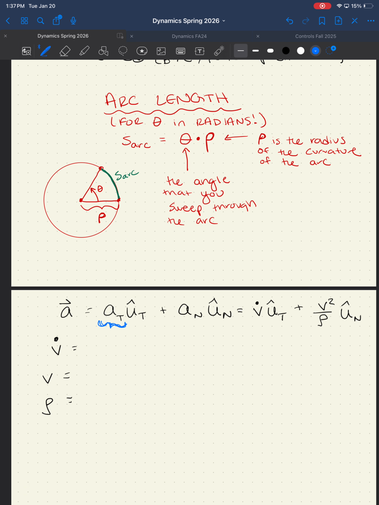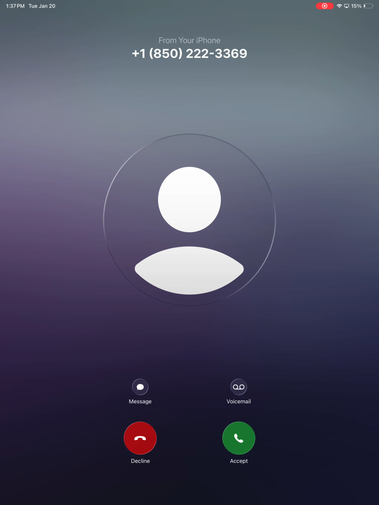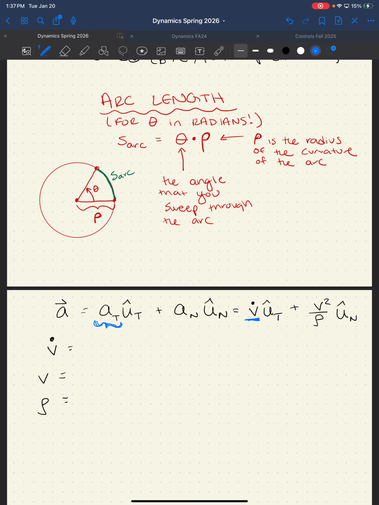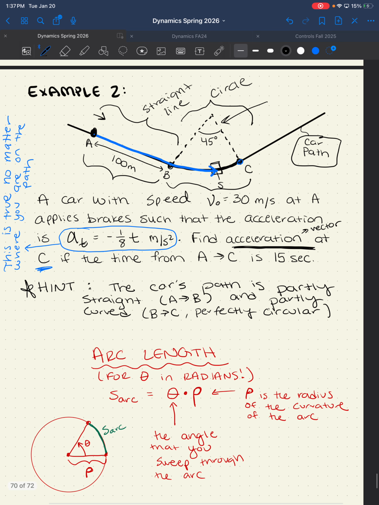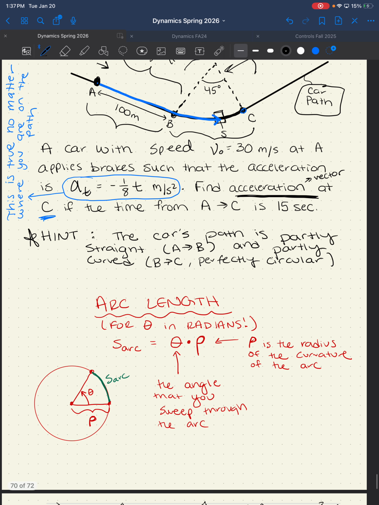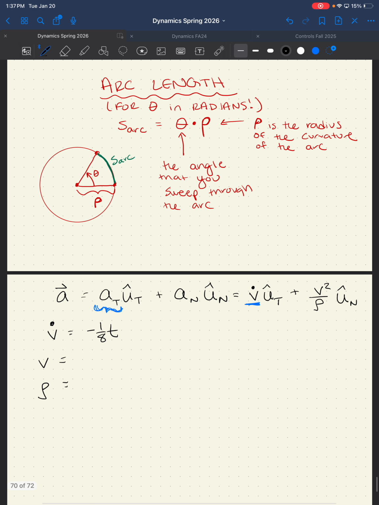We would if we had continued to carry this through. V as a function of time is equal to minus t squared over 16 plus 30. Okay, so now I need to integrate 0 to 15 of minus t squared over 16 plus 30 dt equals the integral of 1, which is just the variable, 0 to SF.